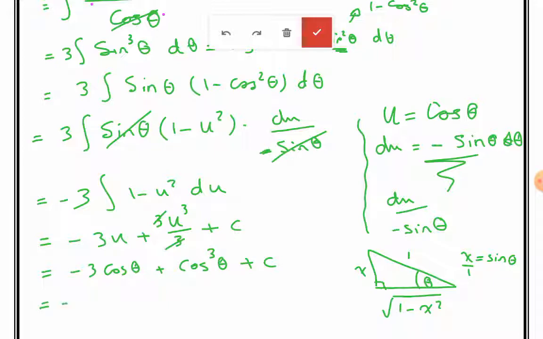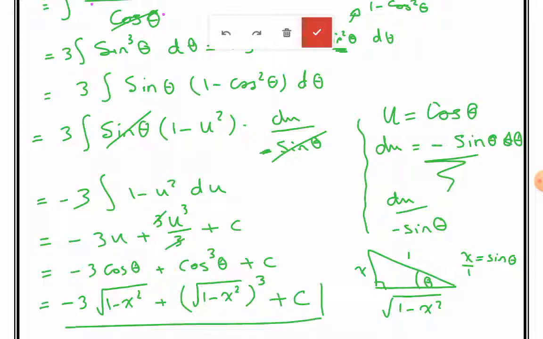Substitute here, guys, negative 3, and cosine is adjacent over hypotenuse. Adjacent, which is the square root of 1 minus x squared over 1. I will not write it. Cosine cubed, again the square root of 1 minus x squared over 1, and this all to the power of 3, plus the constant. This is our answer.